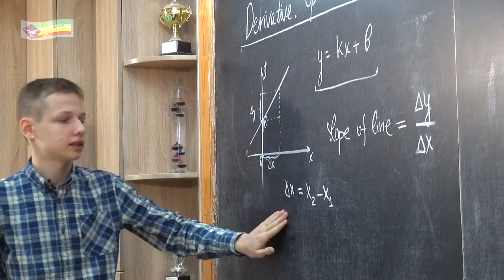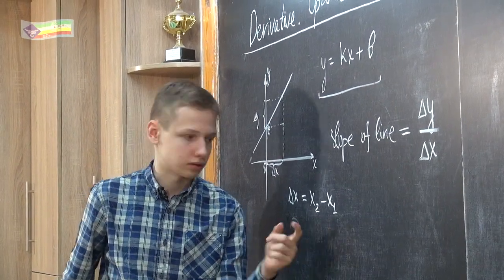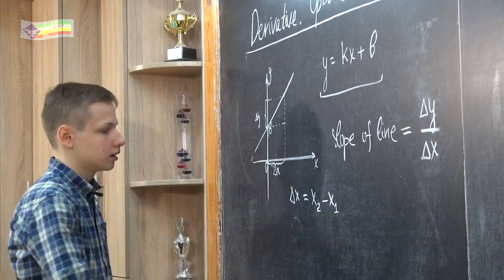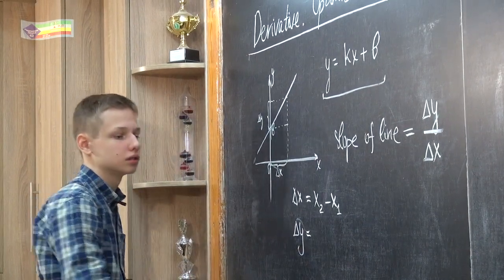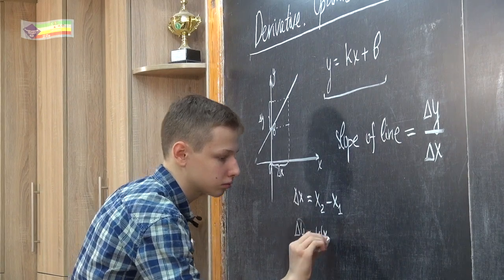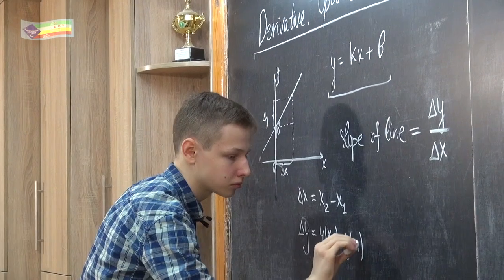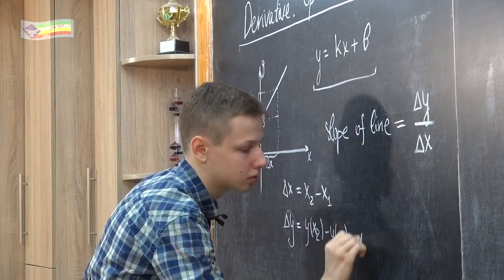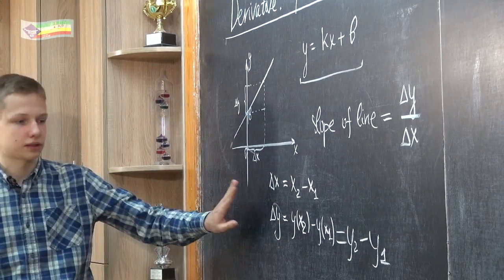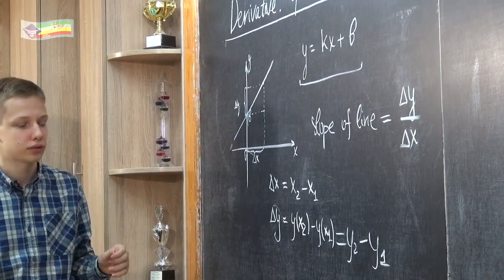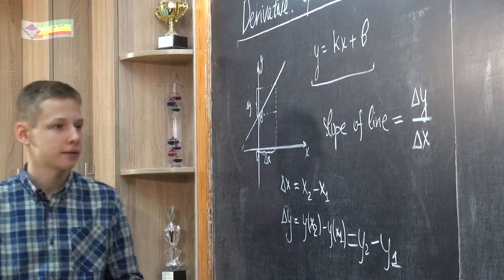That means that delta x depends on two variables, on x2 and x1. And delta y can be represented as, or alternatively, and this holds for every function, obviously. So these are our definitions of delta x and delta y.